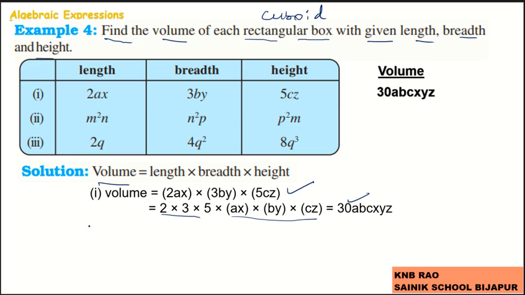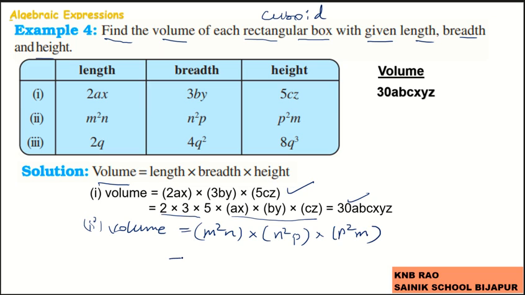Now for the second one, you need to do it now. So volume will be m square n into n square p into p square m, which is nothing but, here no numerical part you could observe, which actually means we have 1.